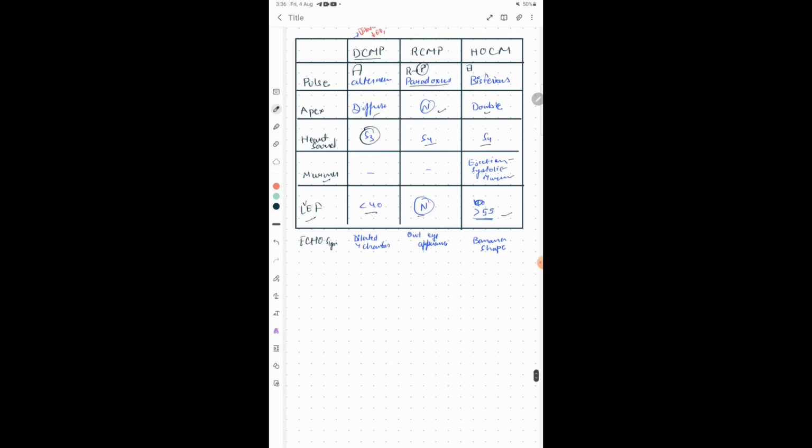In echocardiography, all four chambers are dilated in dilated cardiomyopathy, and R is restrictive, so raccoon eyes and owl appearance are seen in RCMP. The owl appearance is also seen in cytomegalovirus, and here a banana-shaped cavity is seen.